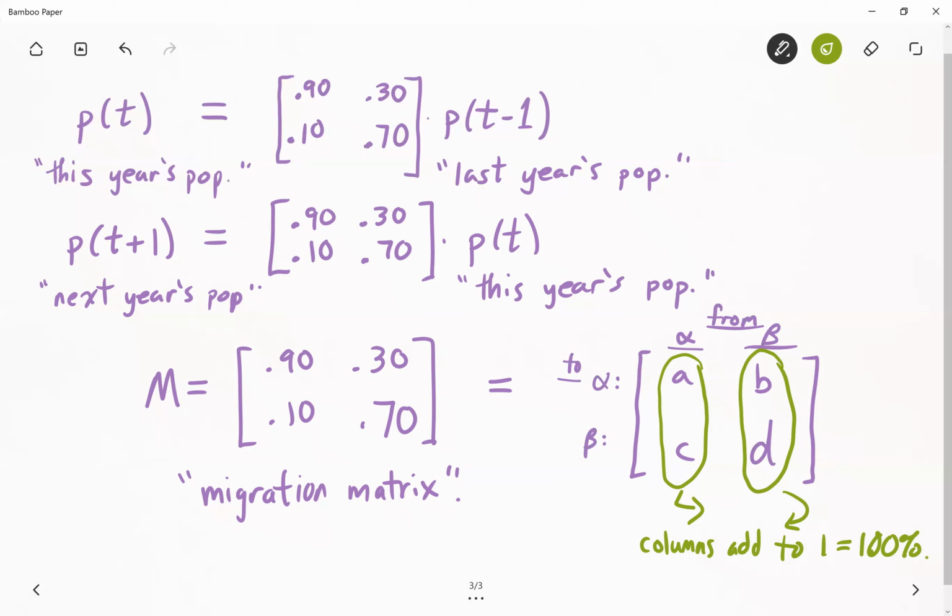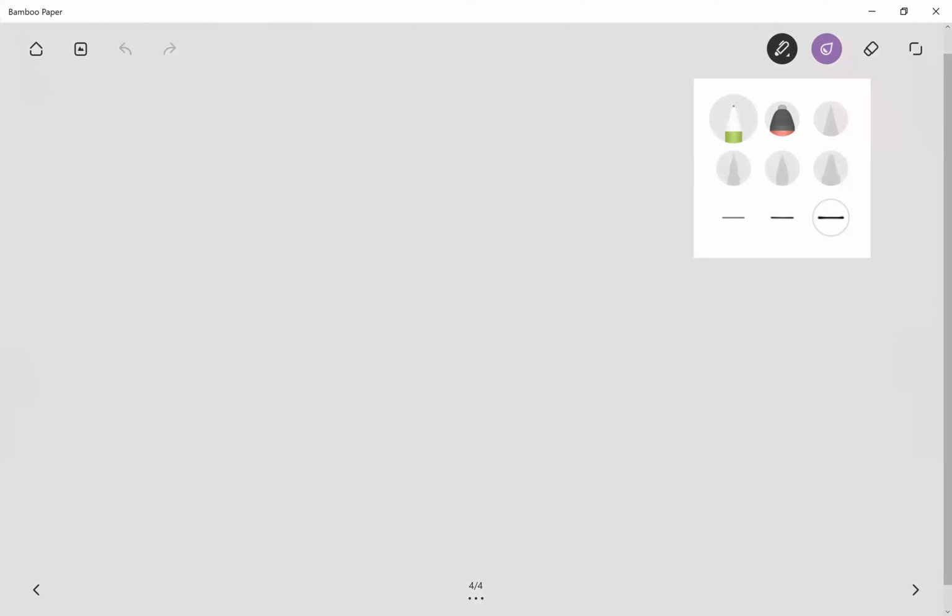Okay, so with this notation in hand, we can more easily write what we're calculating. And so the population in year t plus 1, we can think of that as the migration matrix times the population in year t.